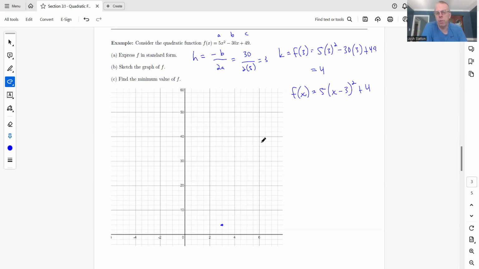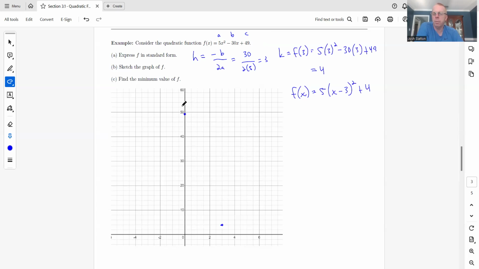Now to sketch the graph, we can find the y-intercept. To get the y-intercept, you just plug in 0 for x. When it's in the form ax squared plus bx plus c, the y-intercept is always c. So 49, and that would be right there.